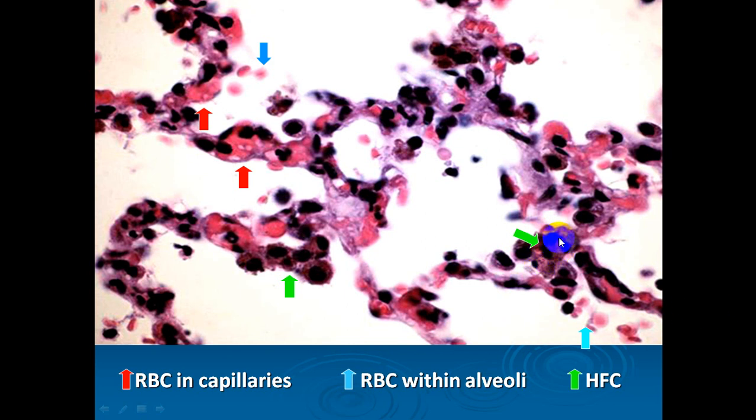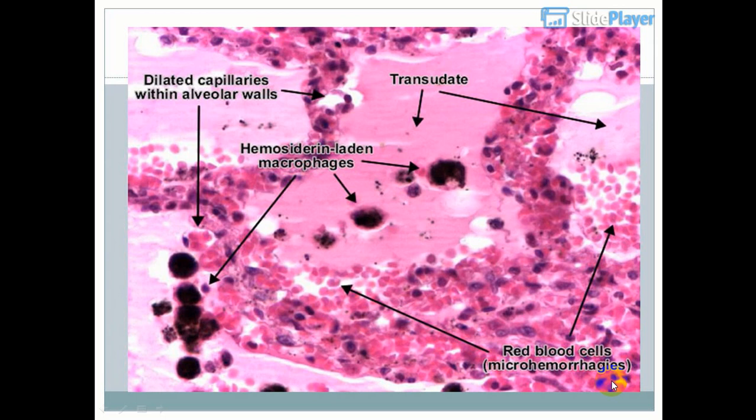Therefore, if there are many of these cells in the lung, it represents a heart failure condition. So the cells can also be called heart failure cells, or HFC. This is heart failure cells, or hemosiderin-laden macrophages.